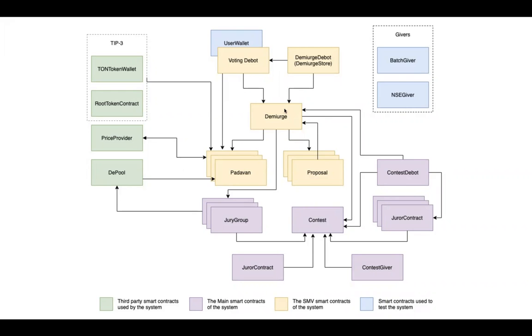At the center of the system is the Demo contract. What is the Demo contract? Demo contract is the central smart contract of the voting system. It's a ledger that creates and stores proposals and user Padawan addresses.